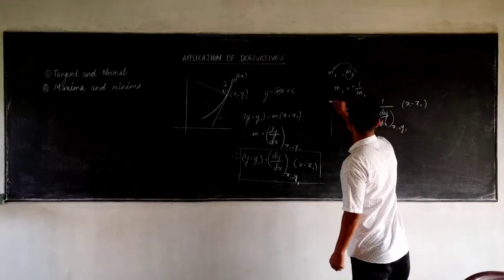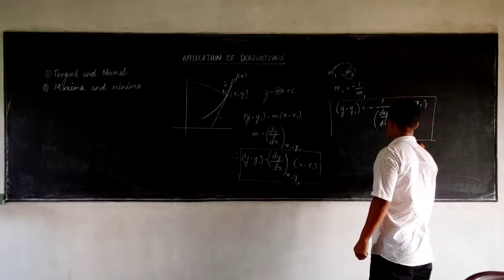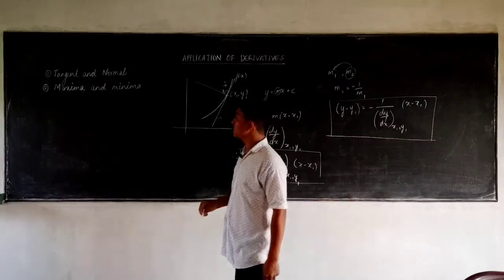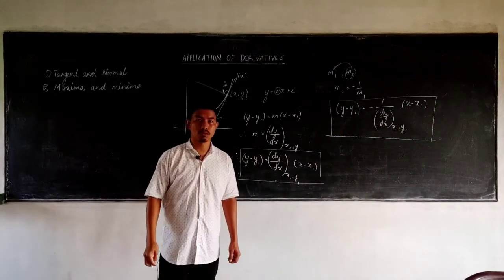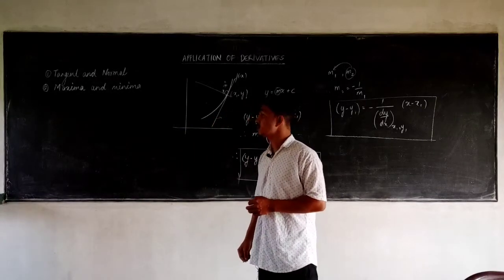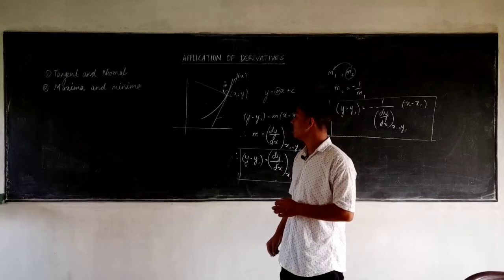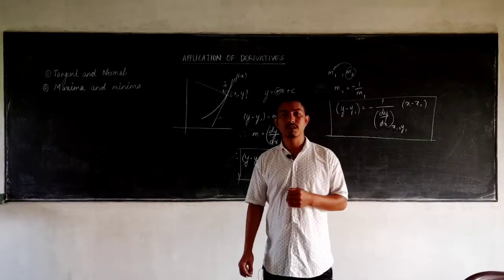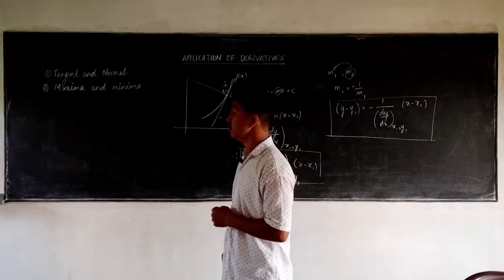Using these two simple steps, we can easily find the equation of the tangent and the normal. We will be solving a few questions on how to find the equation of the tangent and the normal of a given curve or function using the derivative.